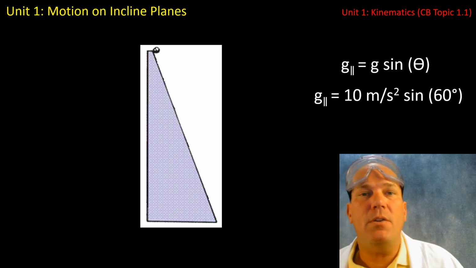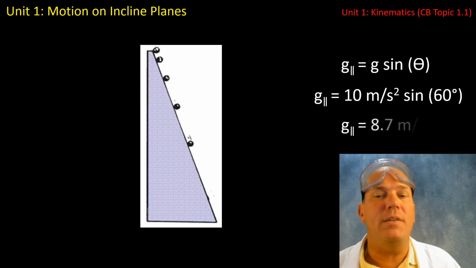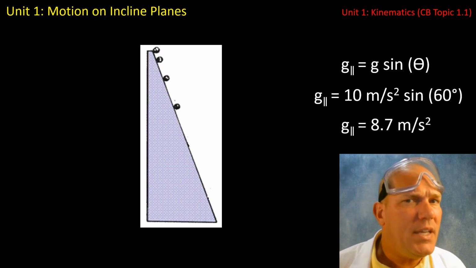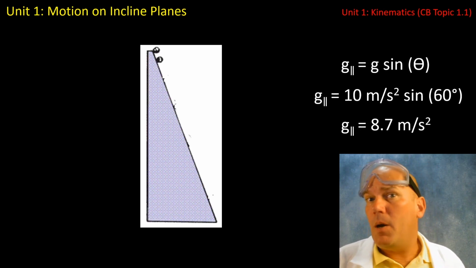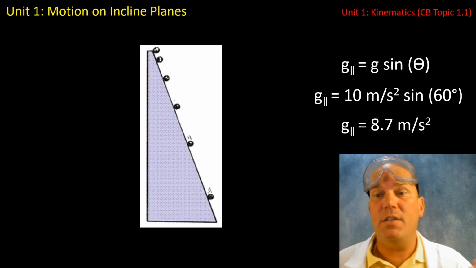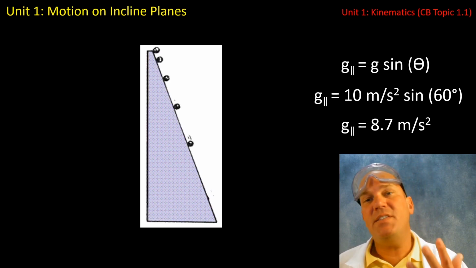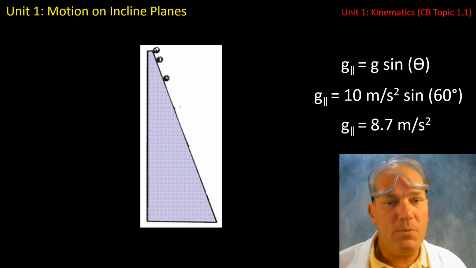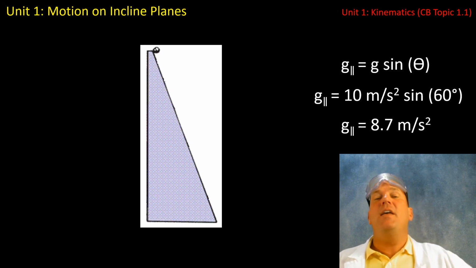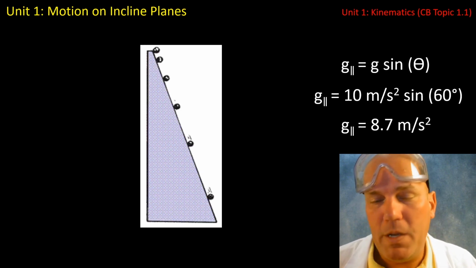So if we use 10 meters per second squared multiplied by sine 60, we get the acceleration of the ball down and parallel to the incline to be 8.7 meters per second squared, which is clearly less than 10 meters per second squared.